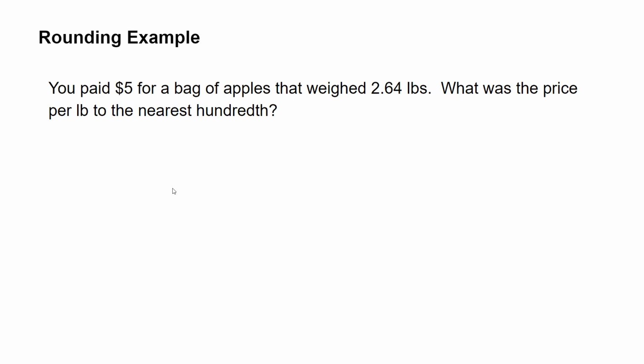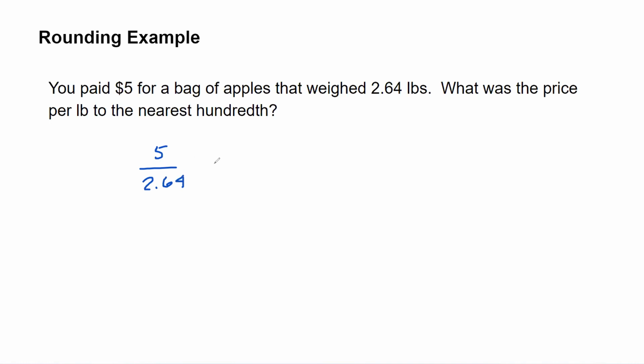I'm going to get on with a couple of examples here. You paid $5 for a bag of apples that weighs 2.64 pounds. What was the price per pound to the nearest hundredth? This is an example where you might do some math that's going to force you to need to round. So we're going to divide the price by the number of pounds.